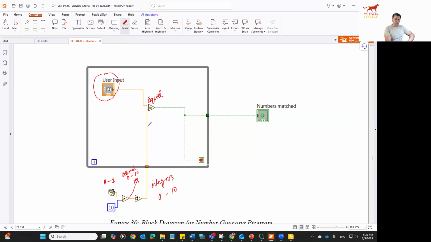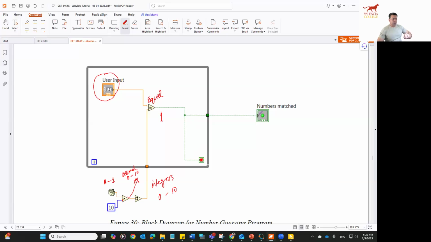And as soon as both inputs of the equal block become equal, the output of the equal block is going to be 1. And that is going to stop this while loop. And at the same time, that is going to light up the LED to show that the numbers have been matched. So extremely simple program, but there are two things that you need to understand properly here.